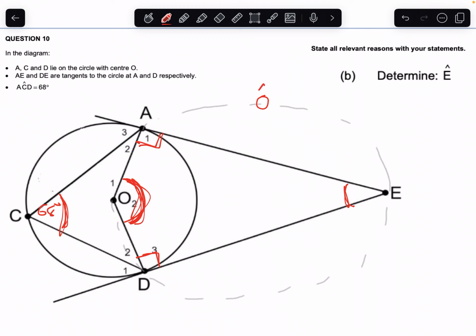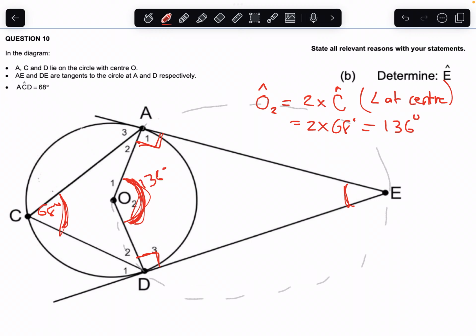Angle O2 is equal to 2 times angle C, because of angle at center. So that would be 2 times 68 degrees, which is 136 degrees, right?